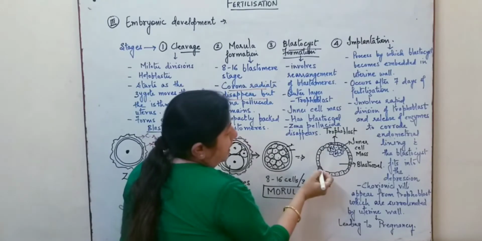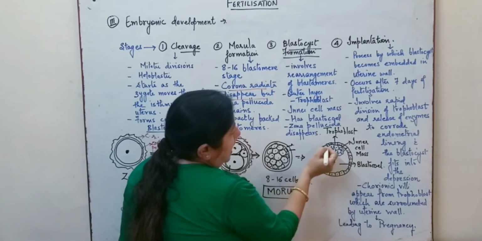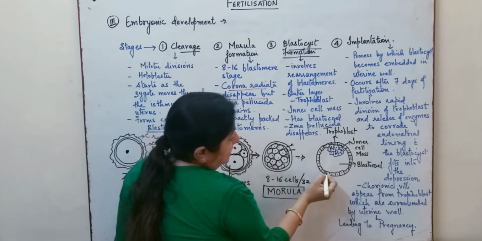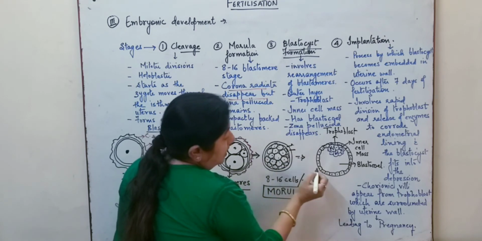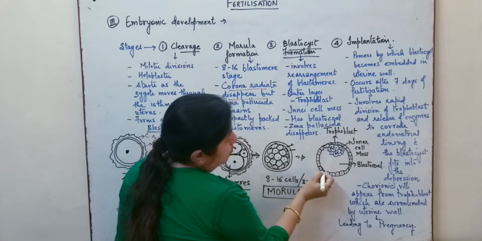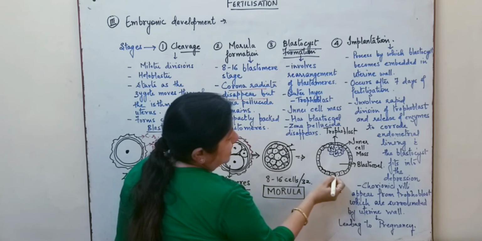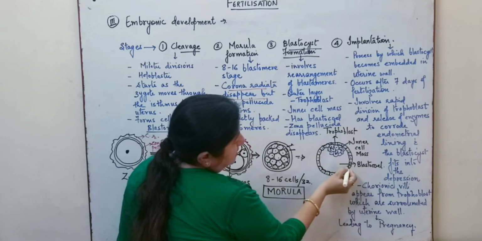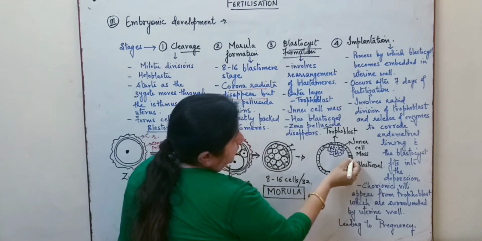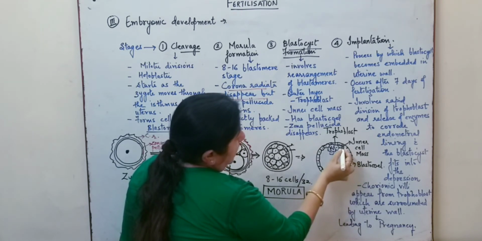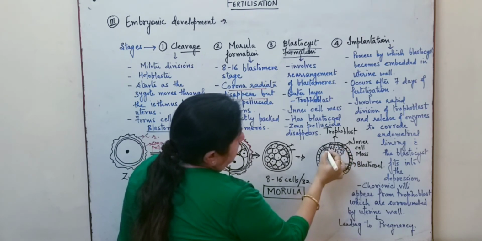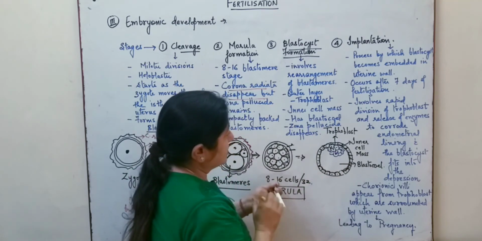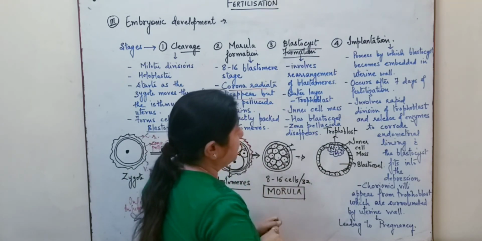So here the blastomeres are rearranged, and the zona pellucida, as you can see, is not present. Instead, all the blastomeres will arrange themselves in such a way that small blastomeres will be present at the border. These are the blastomeres which are present at the border, and the bigger cells, which are marked as blue, will form the inner side.